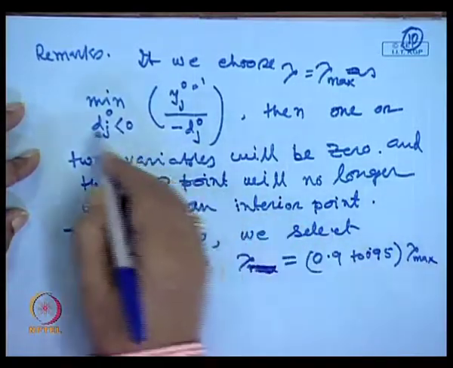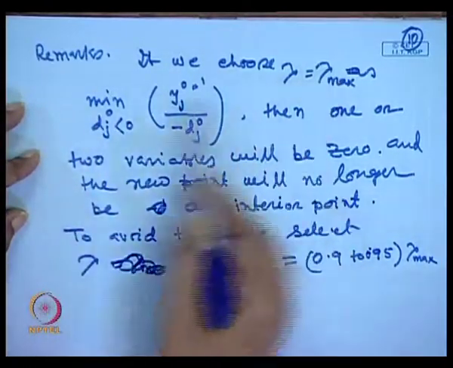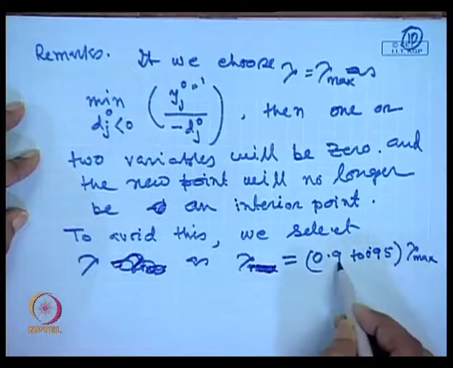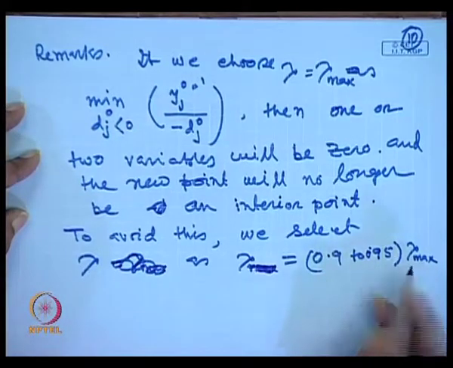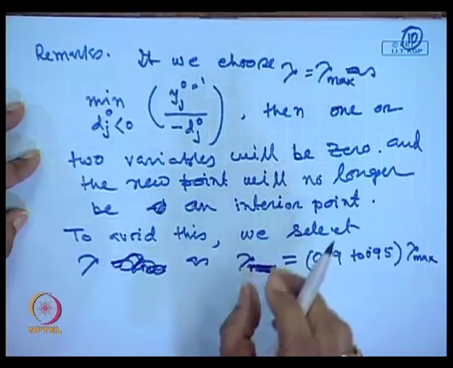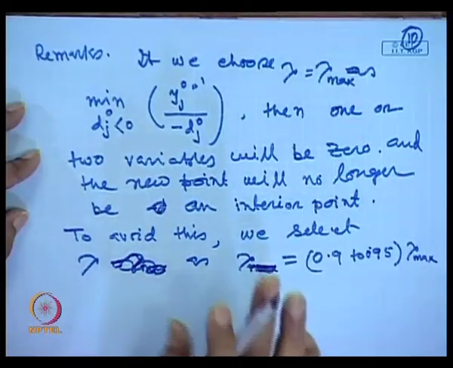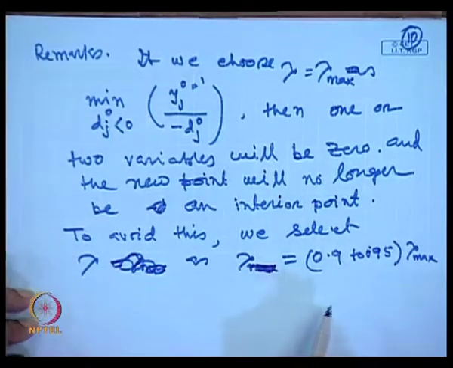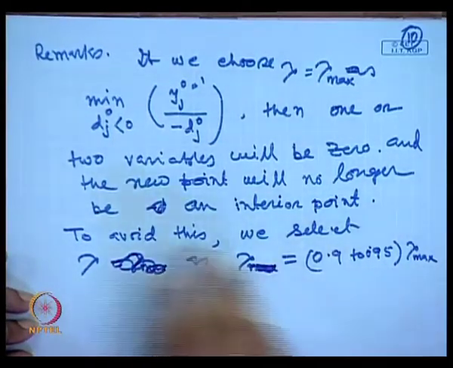What is the lambda max? We got it here, lambda max as this one, that you multiply by 0.9295, and then you consider that as our step length in the direction of D we will move, and that will overcome that problem. That means no component of the new point y will be 0. That means it will not reach the boundary point of this region.